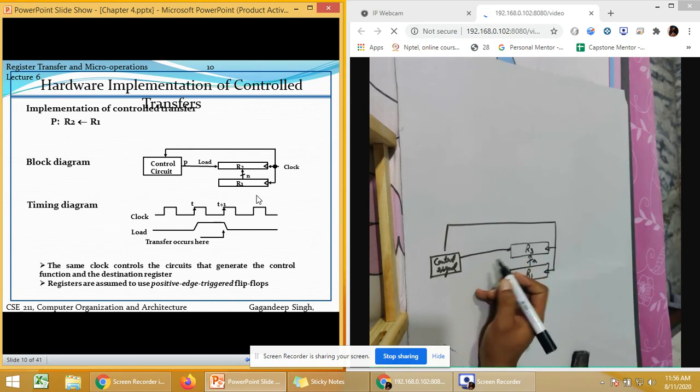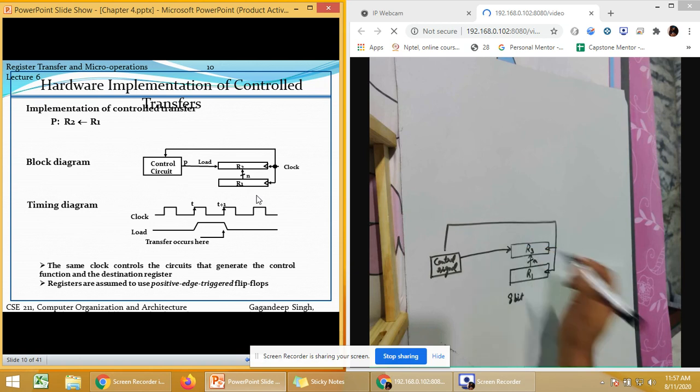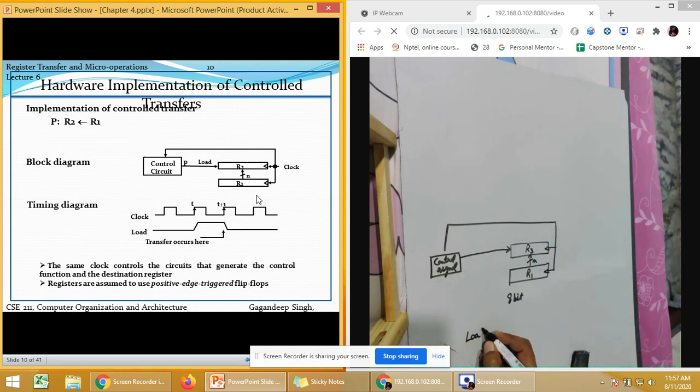If you remember the parallel load register, we had a load line. Now if the load line was 0, it was performing a parallel load. Remember, if it is 1, it was no change. I think I did the opposite. If it was 0, it was no change. If it is 1, it was parallel load.